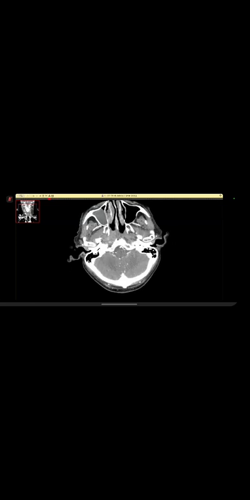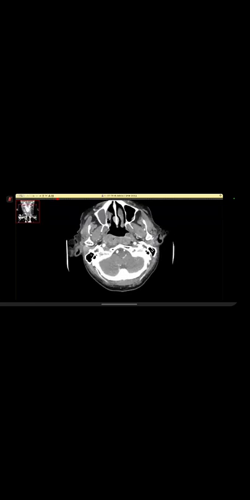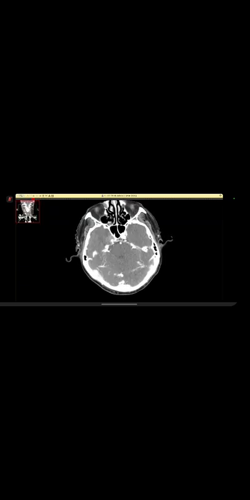But if you say that in differential diagnosis, I'll keep nasopharyngeal carcinoma, fine, it's fine. But then it goes superiorly. And here you can see how it invades the cavernous sinus and goes into the cavernous sinus. And you can see that from here, the cavernous sinus is sitting up here.